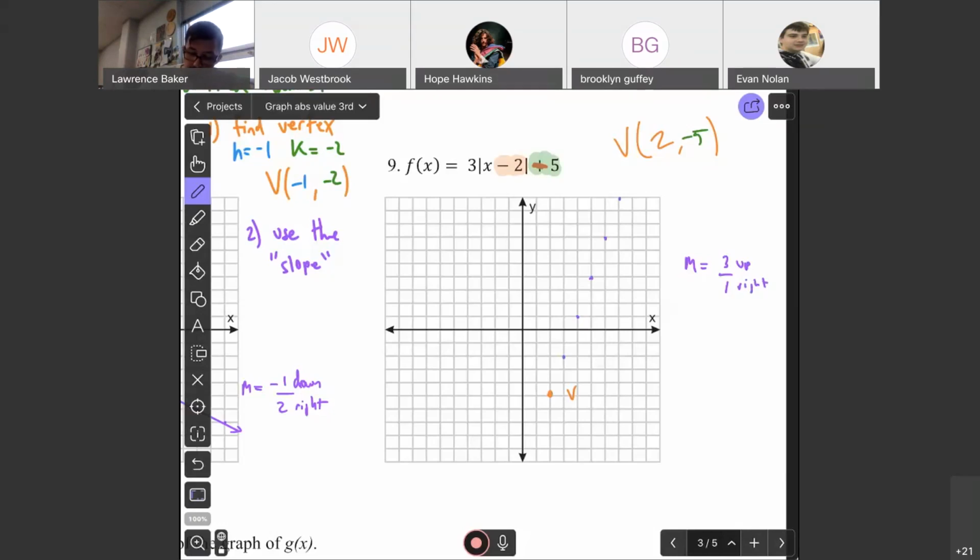And then the other side, since you have to go left, it's going to be up 3, left 1. So go back to the vertex, up 3, left 1, up 3, left 1, up 3, left 1.